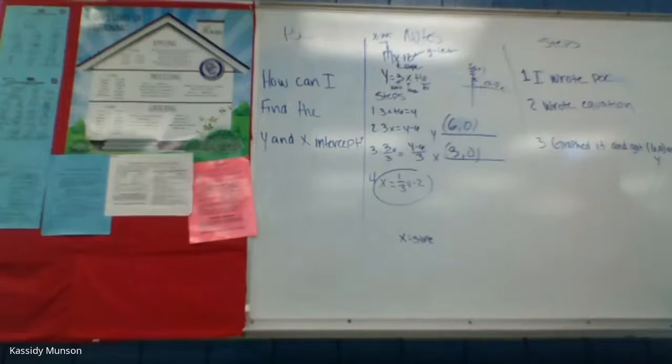And then row by steps. My POC wrote the equation and then graphed it and got 6, 0, and 3, 0 as y and x intercept. My aha moment was finding the y and x intercept.